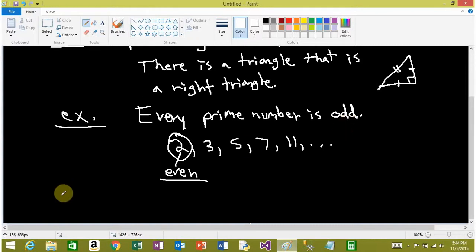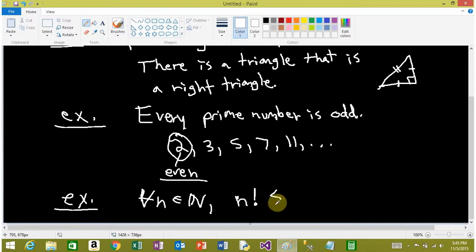And then maybe looking at one more example before we finish here, someone may claim that for all positive integers n, say n in the natural numbers, that n factorial is less than or equal to 2 to the n. So they may claim that this is true. So we can test that statement out and see if we can find an example that shows that this inequality is false.